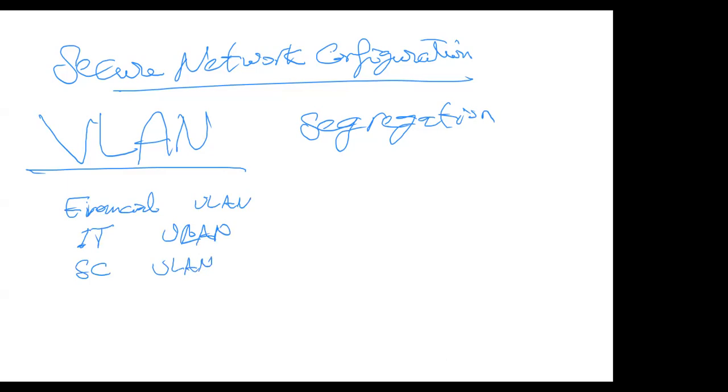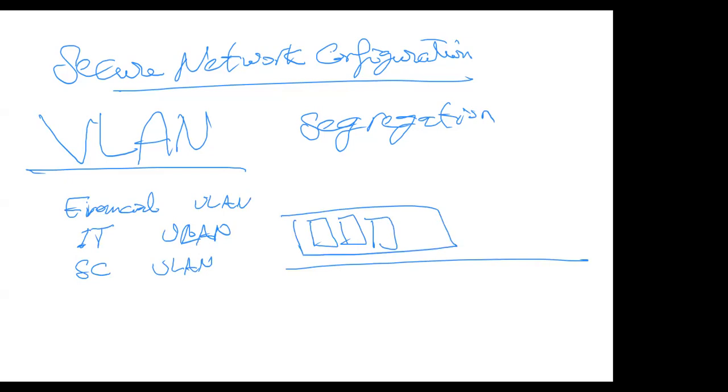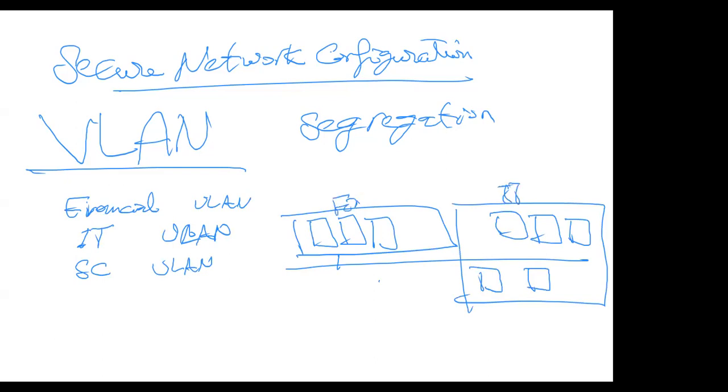Then you will have these devices for financial in one VLAN, these devices for IT, and another one for SC, and so on. All the machines which are common, maybe common by functionality, common by division, will be in a single zone.